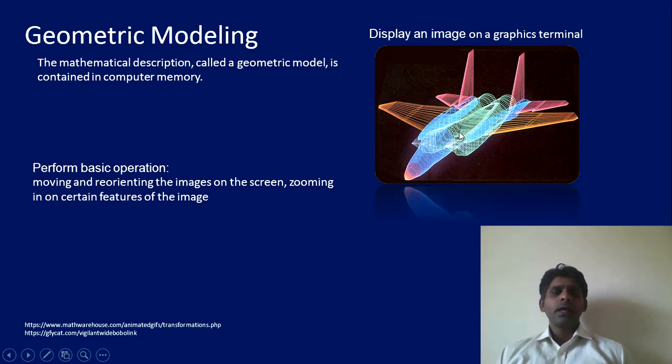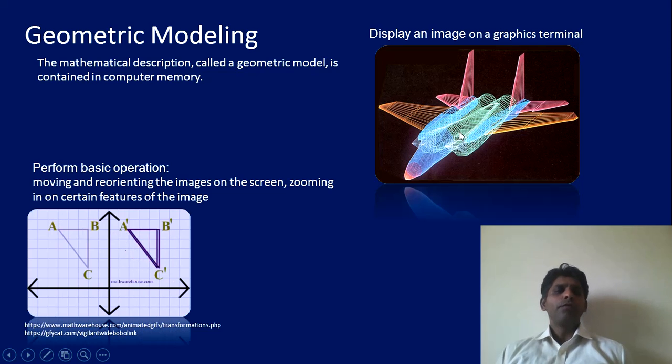Then there might be a need to move, to reorient the surfaces, to zoom in, zoom out at times. As you can see here, the basic operation of translation, right, or movement from one point to another point is shown here.